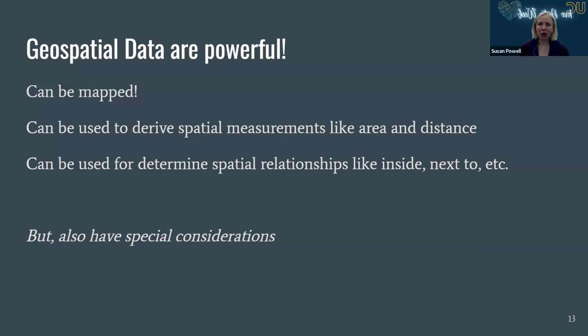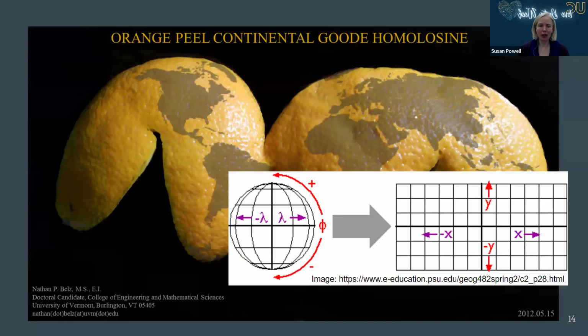But it's also not as easy to work with as regular tabular data. So we'll get into that in a little bit when we look at the tools. I want to pause just a moment and look at the geospatial world, though.